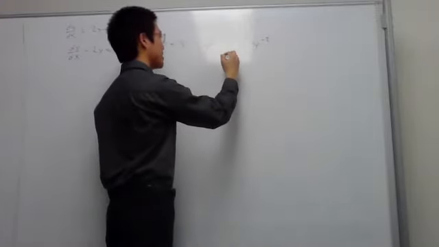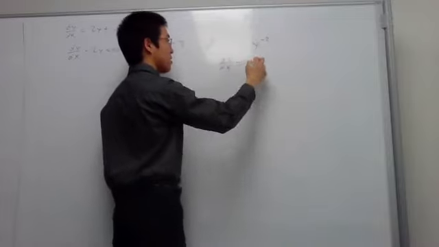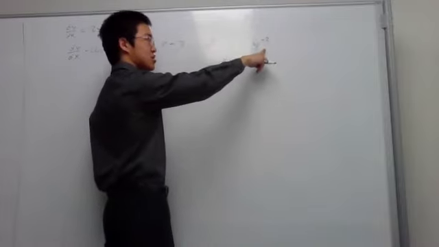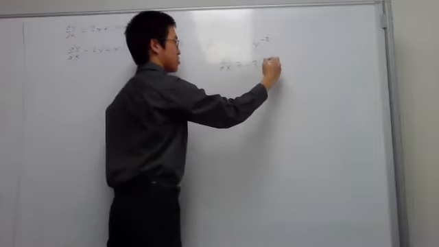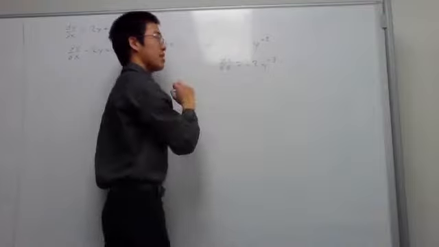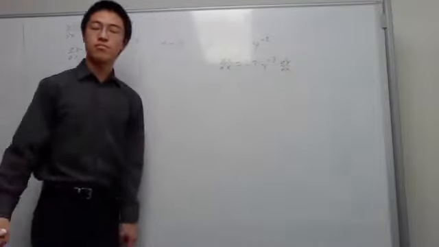Now we need to immediately write this down. If we were to differentiate this using the chain rule, we just throw down the exponent and then reduce the power by 1, but then tack on dy dx, and we're done.